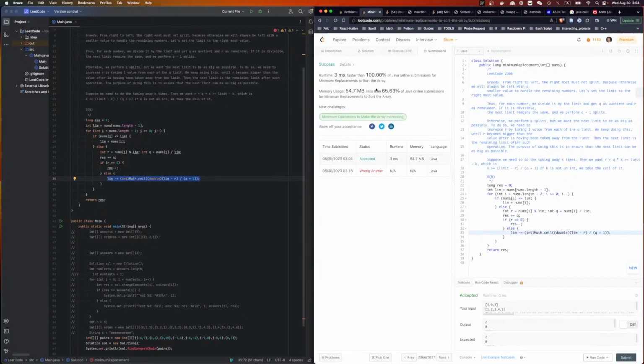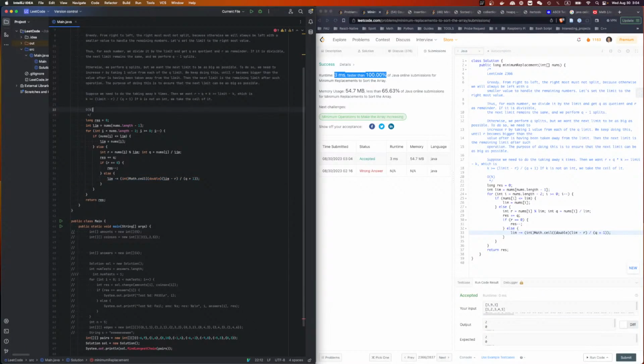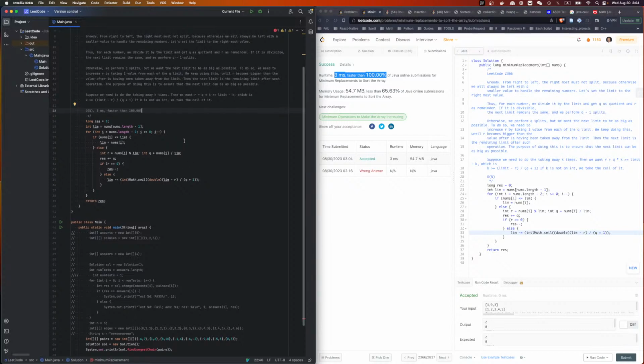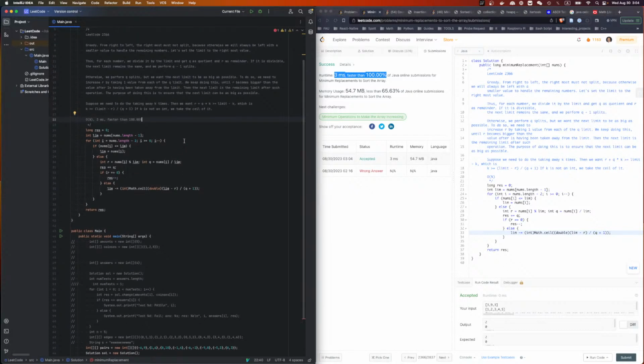So, it's not really that hard. Actually, it is pretty hard, but I think I just didn't pay too much attention to how to form this thing. It does require some thinking. We know it's greedy, we know it's from right to left.